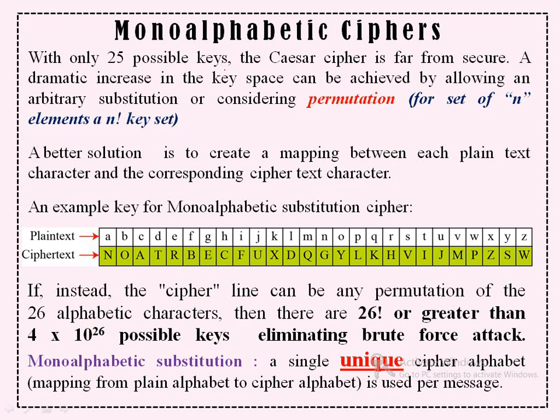Suppose I have a sentence, I would say, my name is Mohan. I'll give you this example so that you will be able to understand. Suppose this is my sentence for plain text. If you are looking at Caesar cipher, what will be the process? For M, you will be using whatever number M is mapped to, 12, whatever it is.